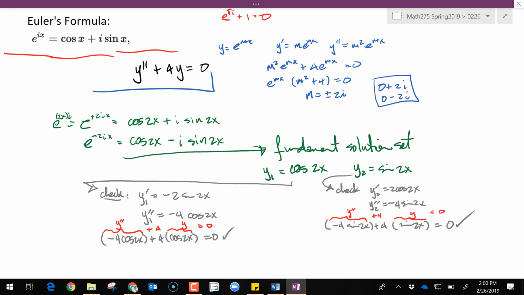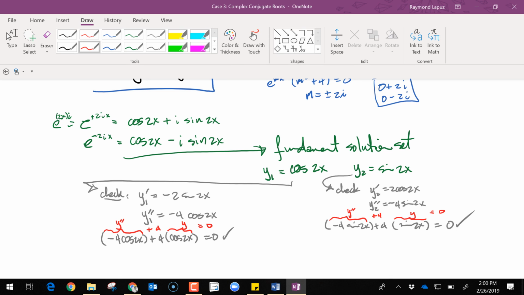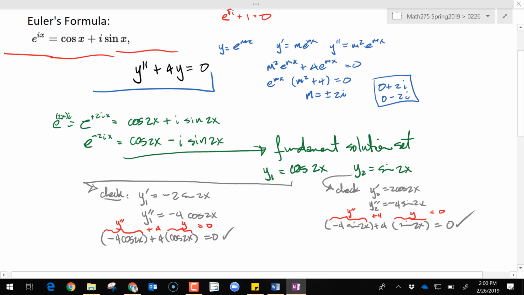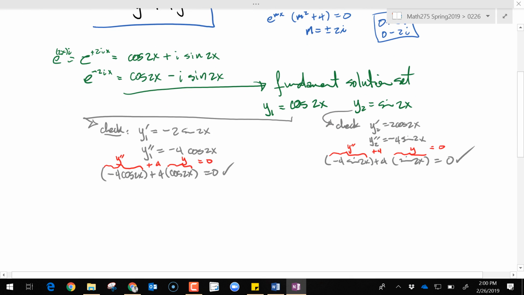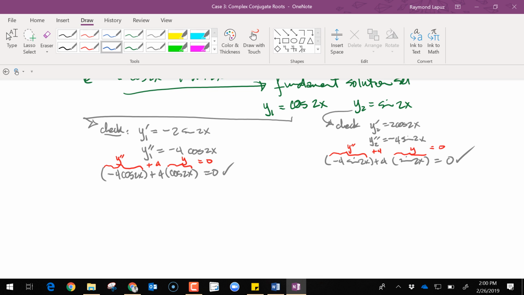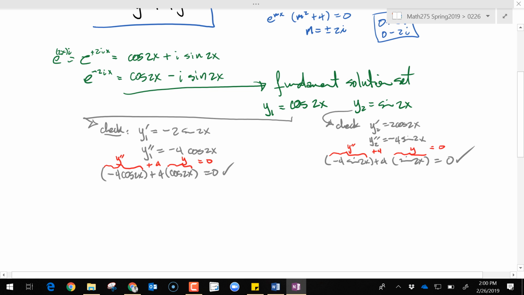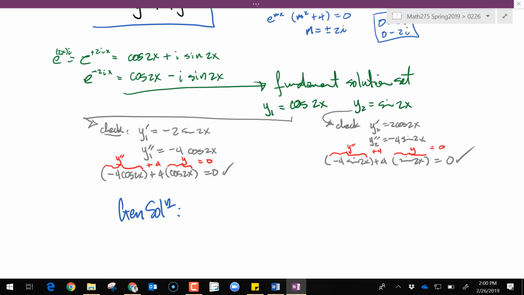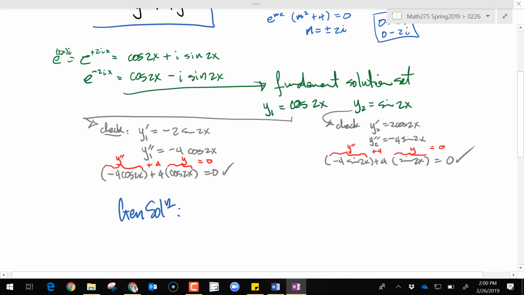So now we've got it verified. We have two, and these two happen to be linearly independent solutions. So this makes our fundamental set. And so our general solution then, this is supposed to be in red, is c1 cosine 2x plus c2 sine 2x.